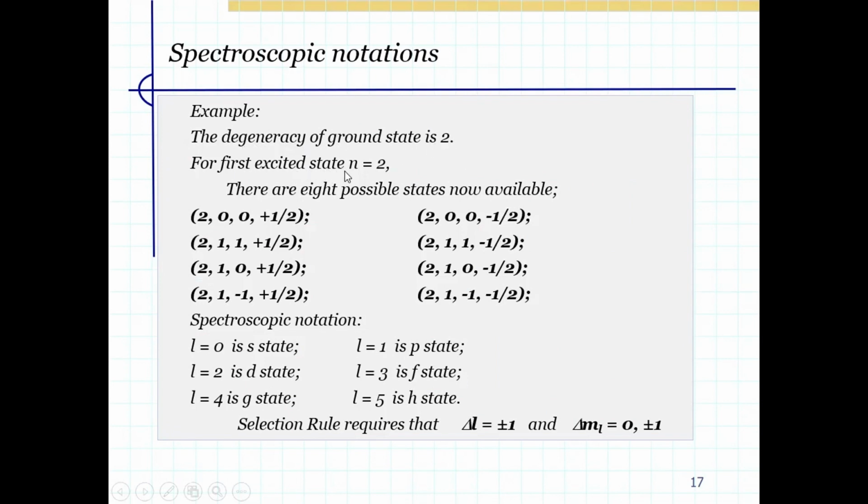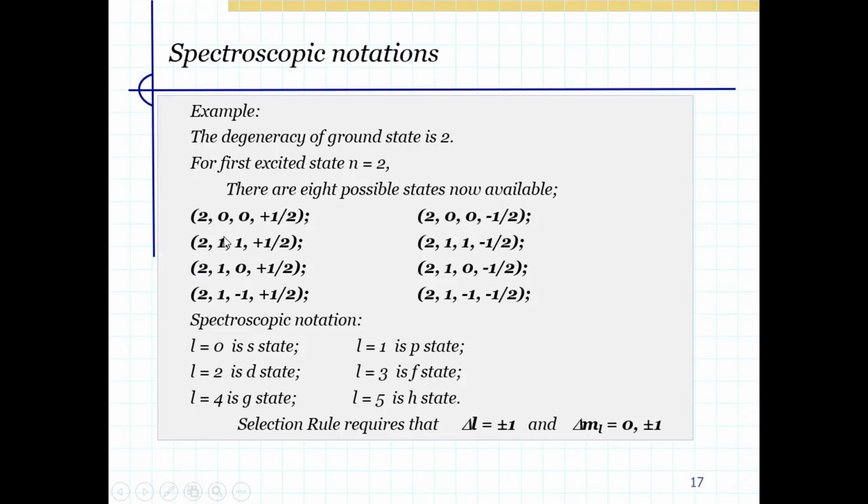So let's see the first excited state, for n equal to 2. n equal to 2 is the excited state. So how many possibilities are there? If we completely write, we see there are 8 possibilities: plus half and minus half with the l equal to 0 value.